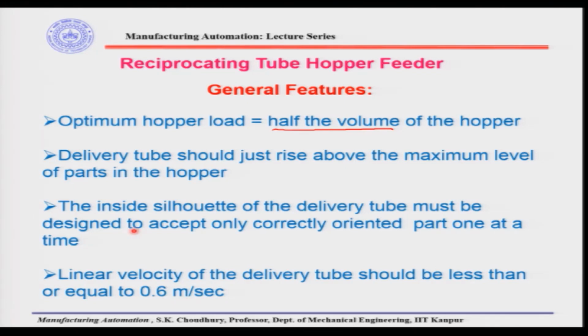Another thing I should tell you is that the inside silhouette of the delivery tube must be designed to accept only the correctly oriented part one at a time. Another advantage of this device is that if the inside silhouette is made exactly according to the shape, size and accuracy of the part, it can also act as an inspection device, meaning that only those parts which are right quality-wise will come.